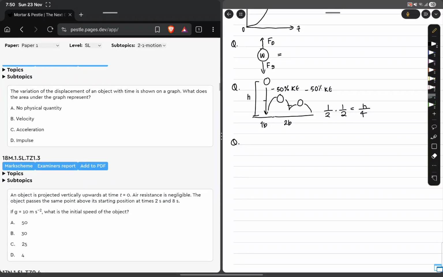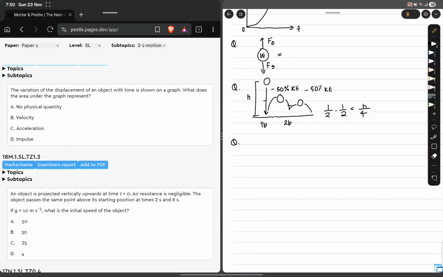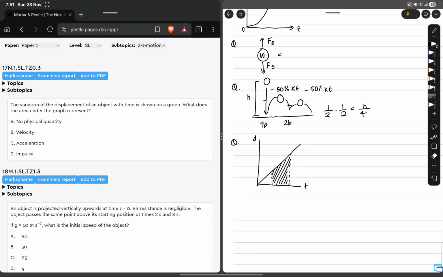Alright, the next question says the variation of a displacement of an object. If displacement against time is shown, what does the area under the graph represent? Well, we'll have to realize that multiplying distance by time doesn't really tell us anything.